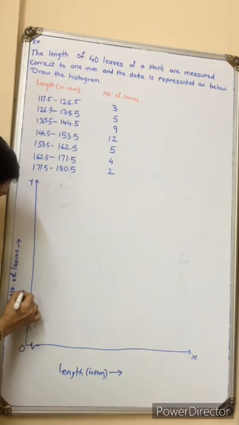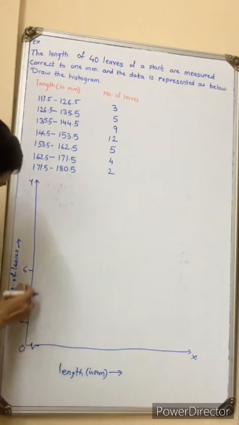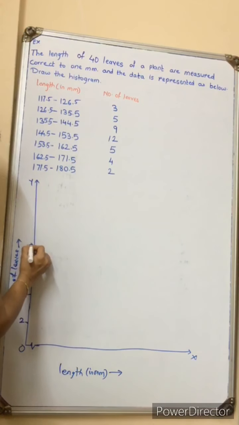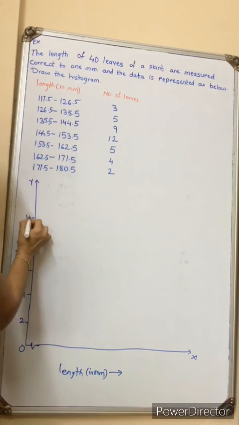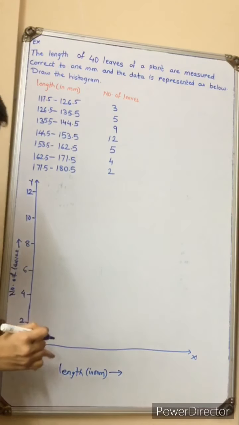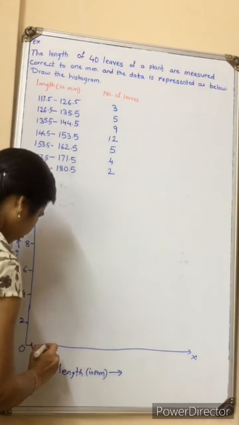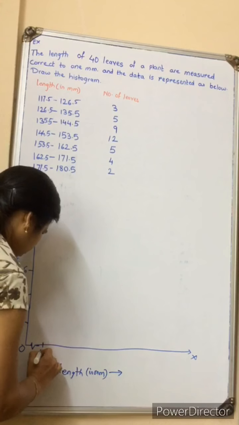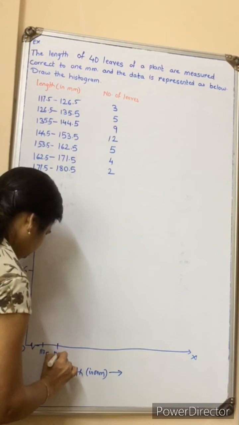So 2, 4, 6 with equal length, 8, 10 and 12. Okay. And on the x-axis directly I have 117.5 to 126.5.